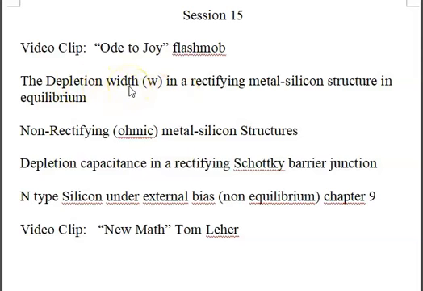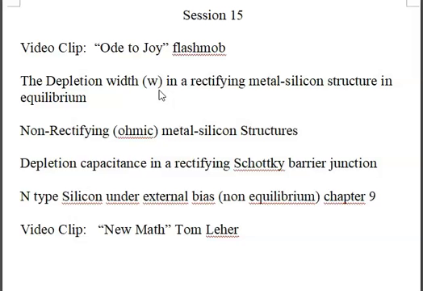There is a region at the silicon surface, very close to the junction into the silicon, perhaps as much as a micron, which is depleted of mobile charges. The reason that it's depleted of mobile charges is because the Fermi levels of the metal and the silicon have to equilibrate. They have to become equal.